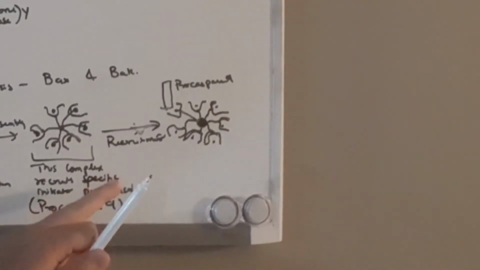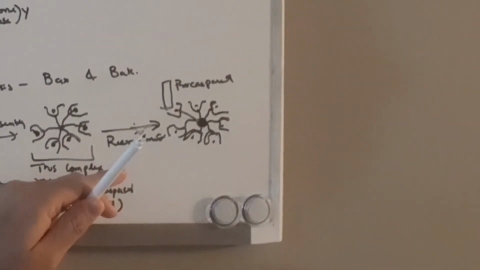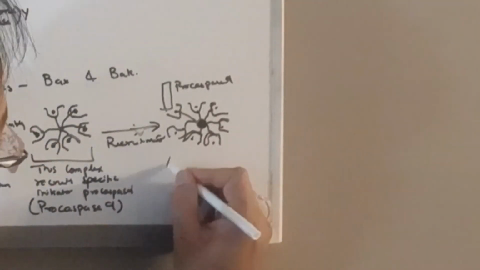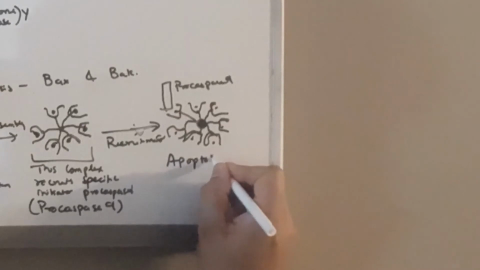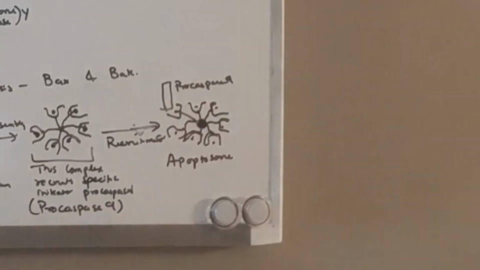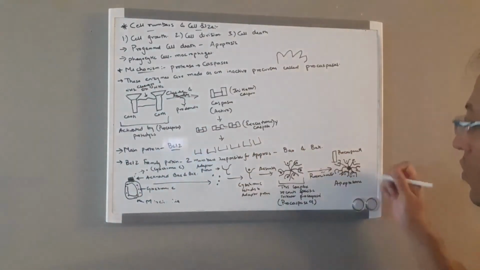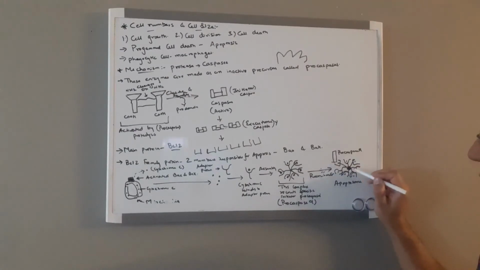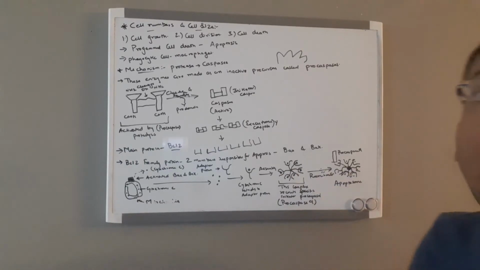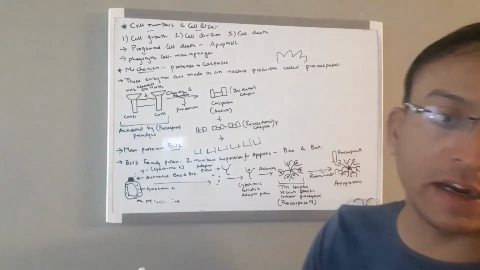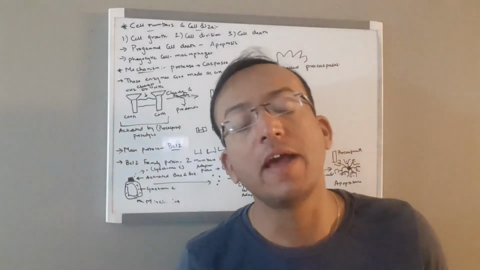So this will recruit the procaspase 9 to form a structure called the apoptosome, and the procaspase 9 protein becomes activated within the apoptosome and then goes on to activate the executioner caspases, leading to a caspase cascade and apoptosis.